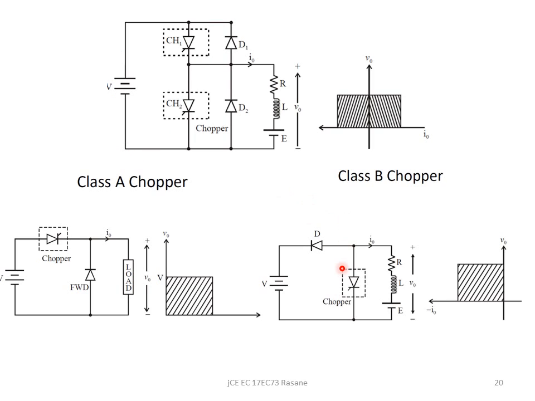So in class B also you can see how when the diode connects, the voltage will be connected to the input, hence it is positive, but the current direction is from down to top, hence it is going to be negative for the class B chopper. The same thing is observed. So two circuits are clubbed and put into one.